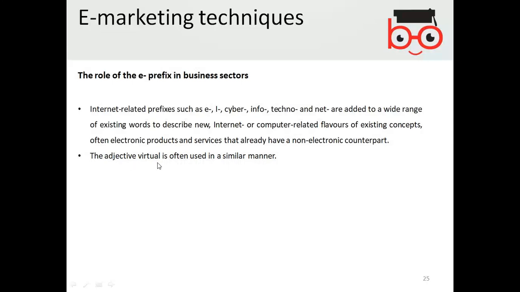The adjective virtual is often used in a similar manner. So overall, the E prefix has a much more vital recognition for your business. When you use the E, it means you are enhancing your business and increasing your business range. Is that true? True.